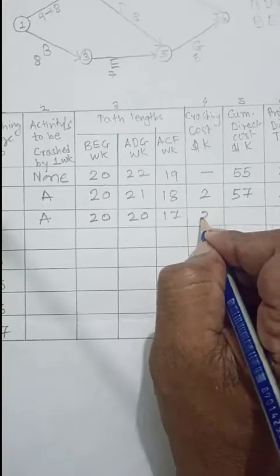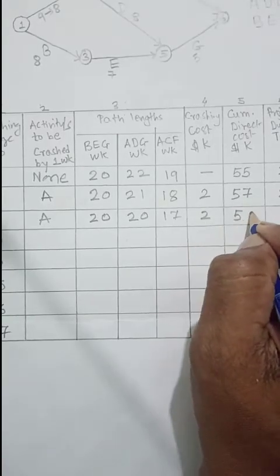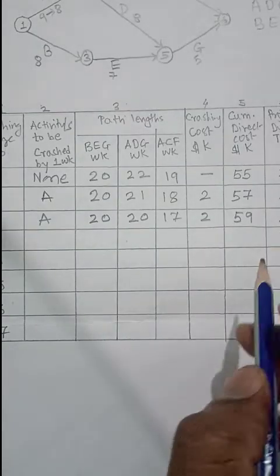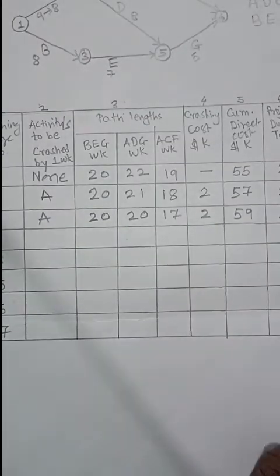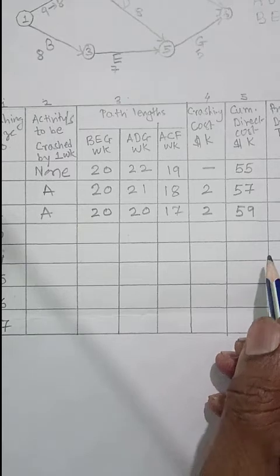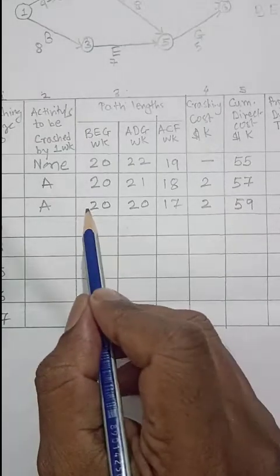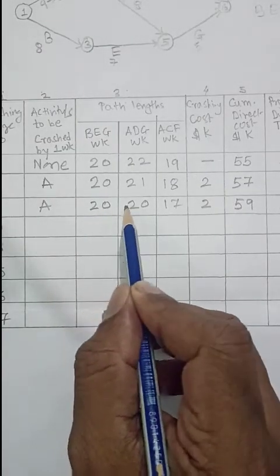The cost is 2 and this will become 59, and the project time will become 20 weeks.